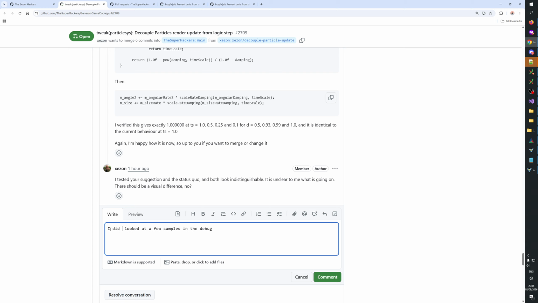I did a comparison by looking at a few values in the debugger with a direct comparison of the two different calculations, and the difference is just, I think, probably like 1%, 2% or so, right? Yeah.